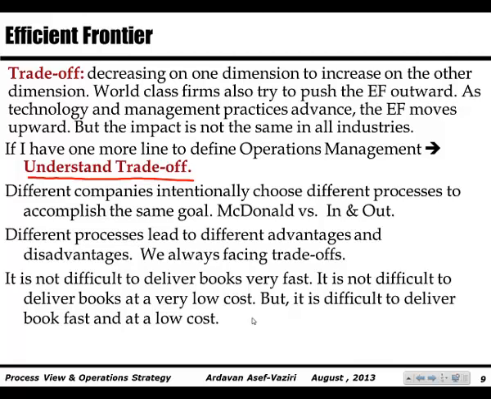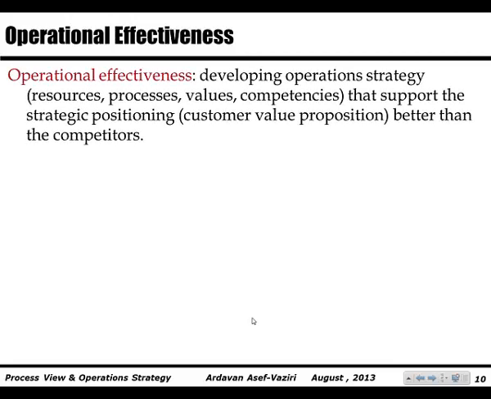And again, if you ask me for one other short definition, operations management is a set of tools, techniques, philosophies, ideas, and the whole body of knowledge to enable us to do the optimal trade-offs. Now let me define effectiveness and efficiency.